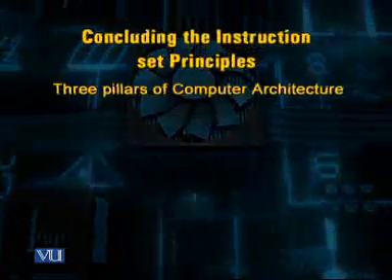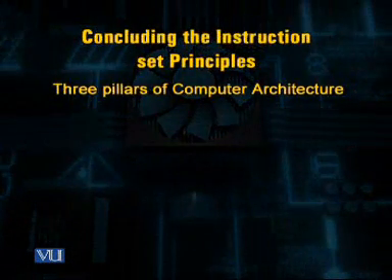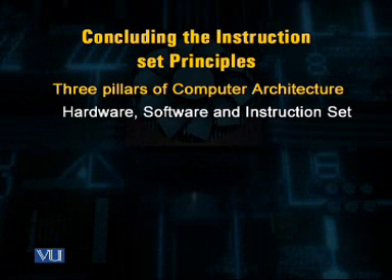points of view. Now, in order to conclude this discussion on the instruction set architecture, I will summarize what we have already talked about up till now. We started our discussion with the introduction of three pillars of computer architecture: the hardware, software, and instruction set.